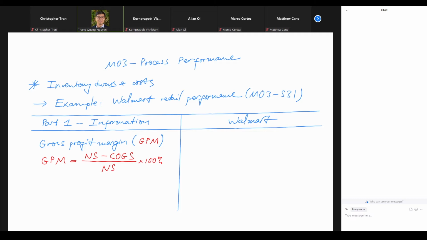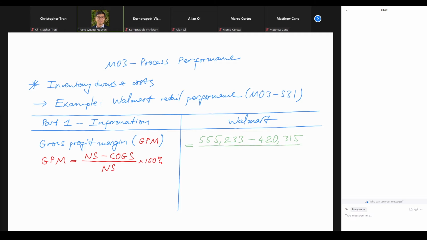So let's try the numbers, and we would like to see the GPM of Walmart. So remember the revenue is 555,233, and then the cost of goods sold is 420,315. All of these are millions of dollars, but because they have the same units, the millions of dollars will be canceled out.